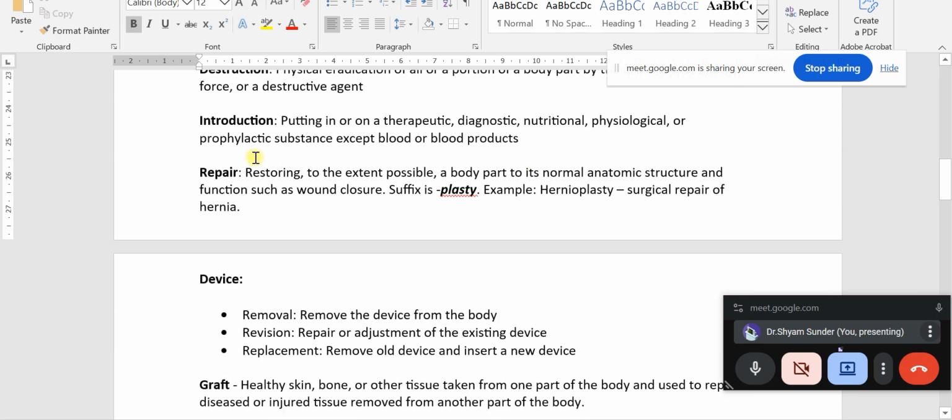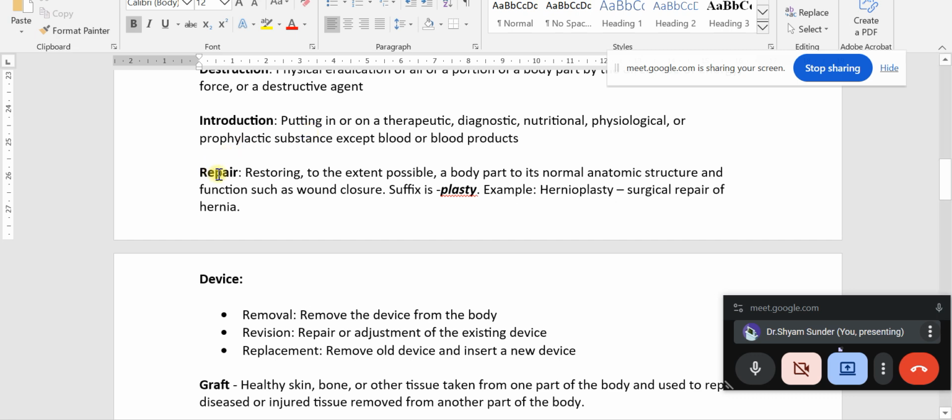And introduction. So if you are putting something inside, it can be a drug or it can be catheter, it can be any device. That is introduction. Repair.